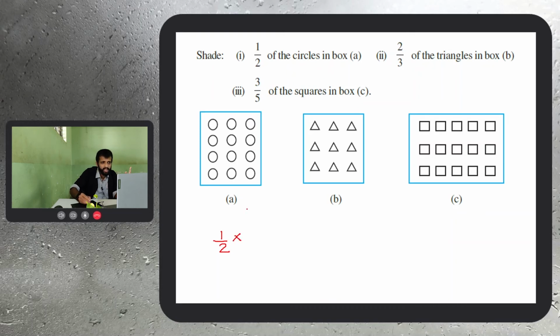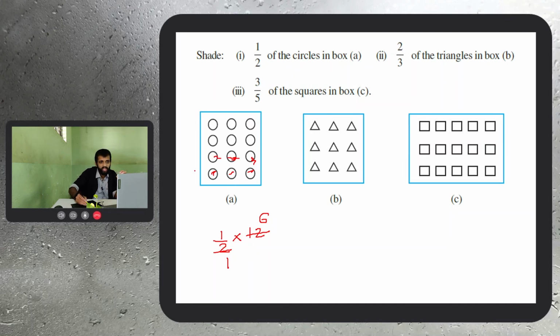How many circles are there? 1, 2, 3, and 1, 2, 3, 4. So 4 threes is 12. So half of 12. 2 ones are 2, and 2 sixes are 12. 6 ones will become 6. So I will color 6 circles, and that will be half of it.